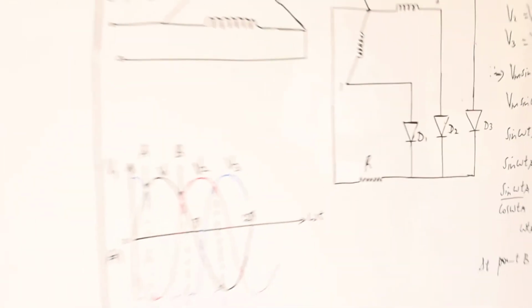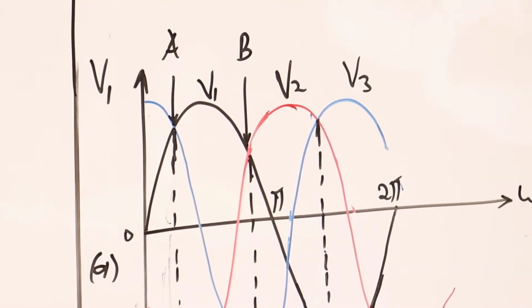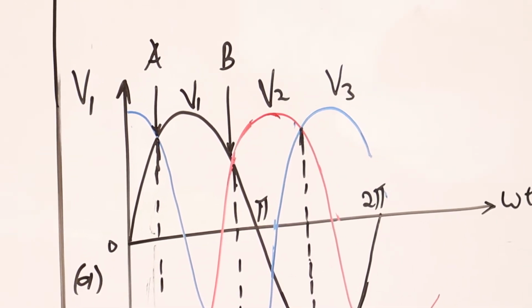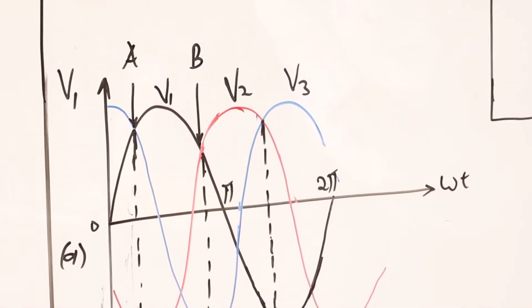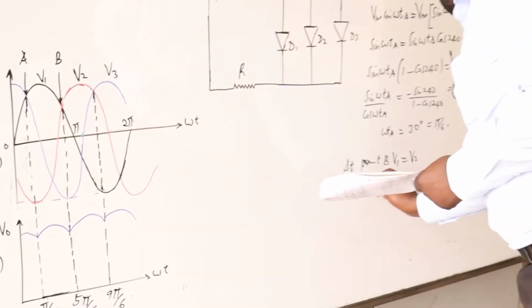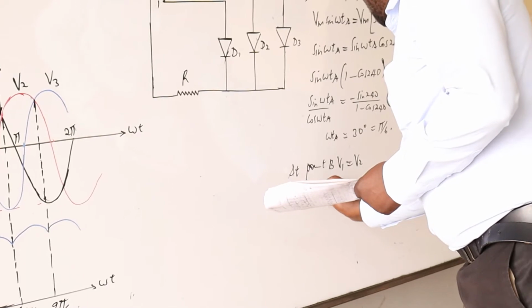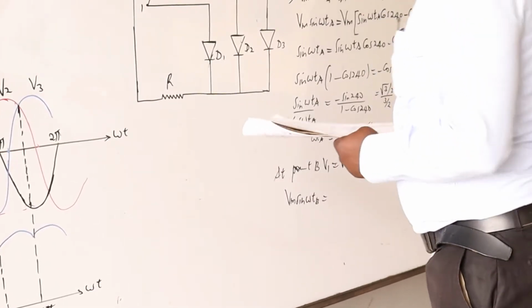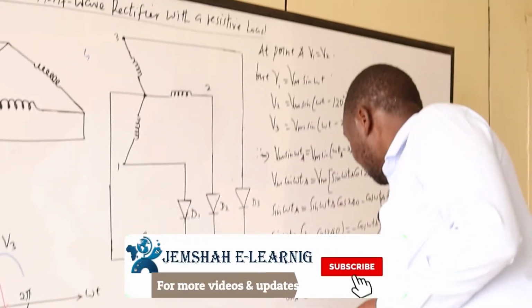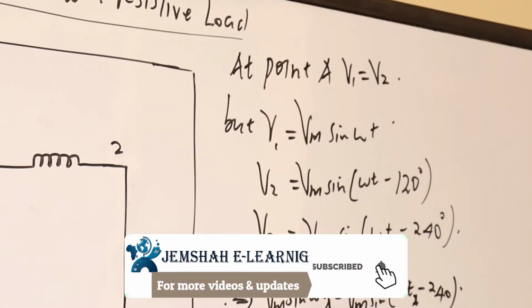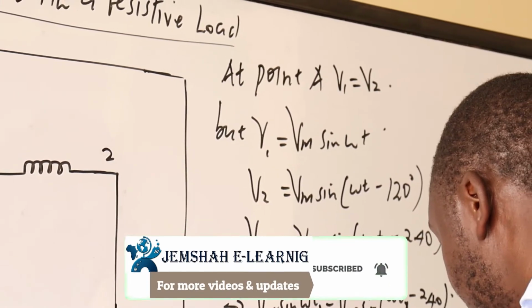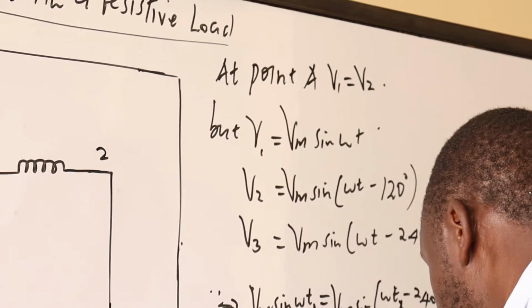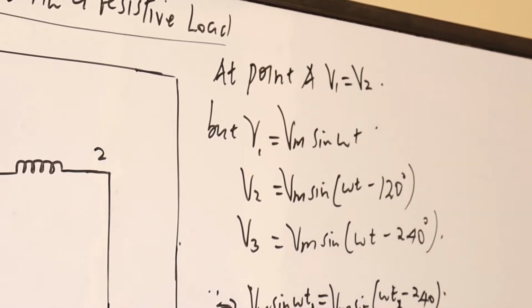So we have the two voltages. V1 is Vm sine omega t at B, and Vm sine omega t at point B equals Vm sine omega t at point B minus 240.